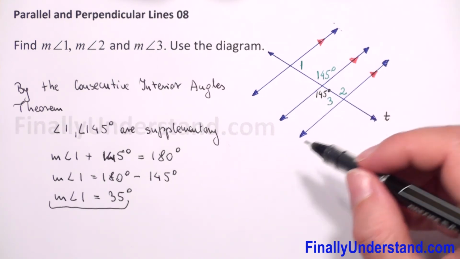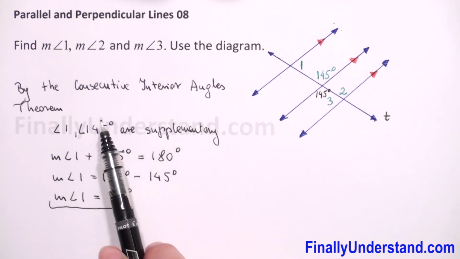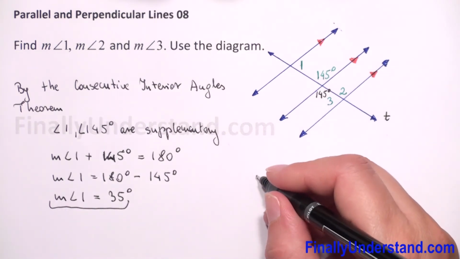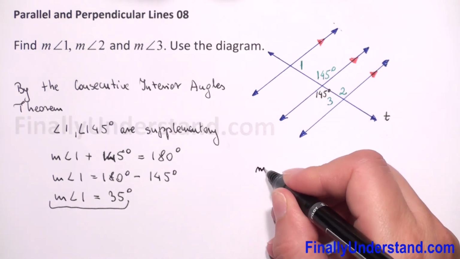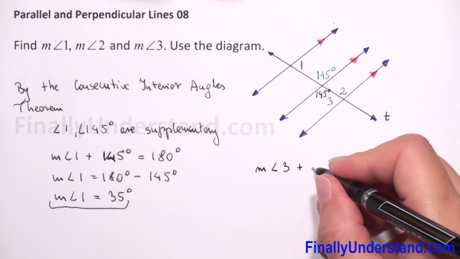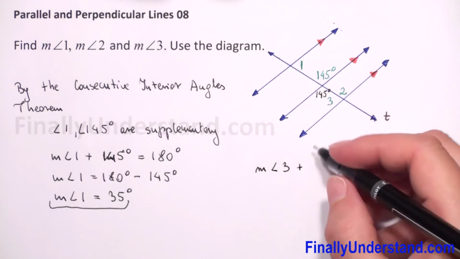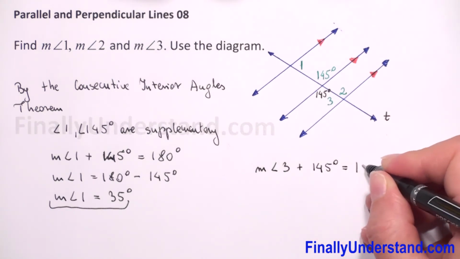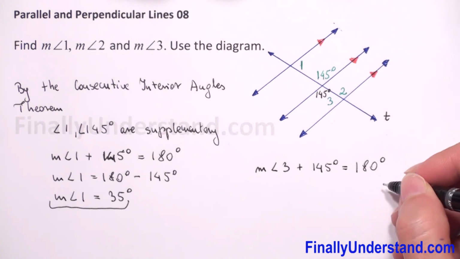So we have again, by the same theorem on consecutive interior angles, that the measure of angle 3 plus the angle of 145 degrees is 180 degrees.